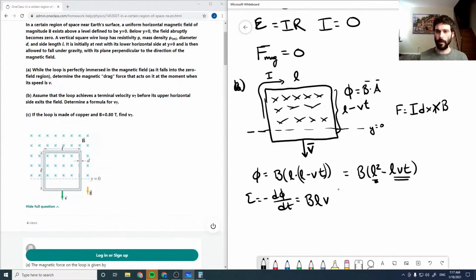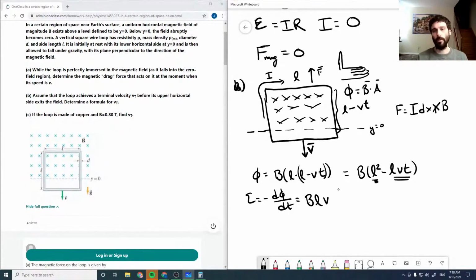If our current is running to the right from the top, we put our fingers in the direction of the flow of positive charge, our palm in the direction of the B field, then our thumb points in the direction of the force, so the force will be upwards.